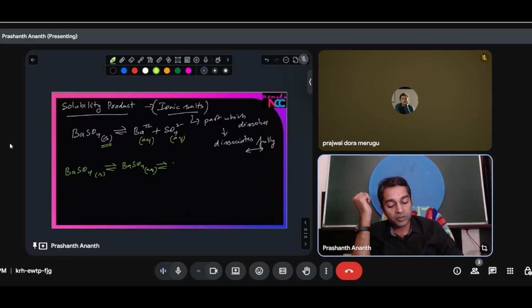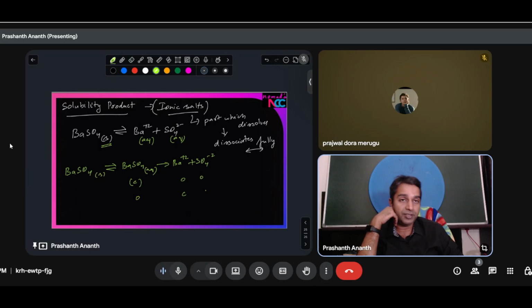Then that becomes Ba2 plus, or rather we can say this is now going to dissociate completely. It becomes Ba2 plus SO4 2 minus. So whatever amount has dissolved, let's say the amount which dissolved was concentration C. This should have been 0, 0 at start, but this will dissociate completely to become 0. These two will become C and C. So effectively speaking, instead of calling it C here, we will call it S.